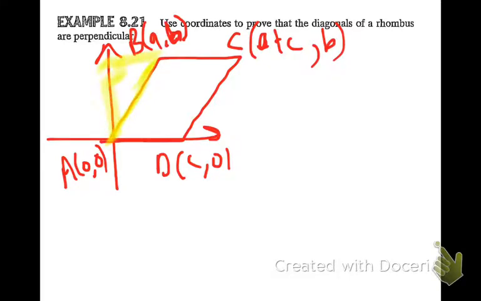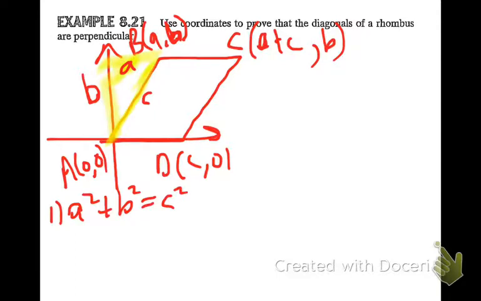In that right triangle, we know the x value, this distance, is A. The distance up is B, and the hypotenuse is C. So we can say A squared plus B squared equals C squared in our triangle there.